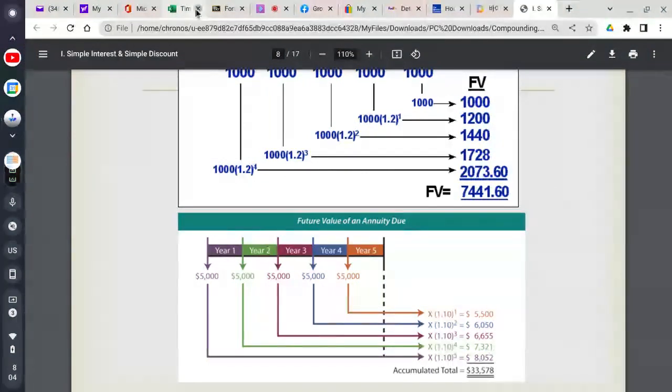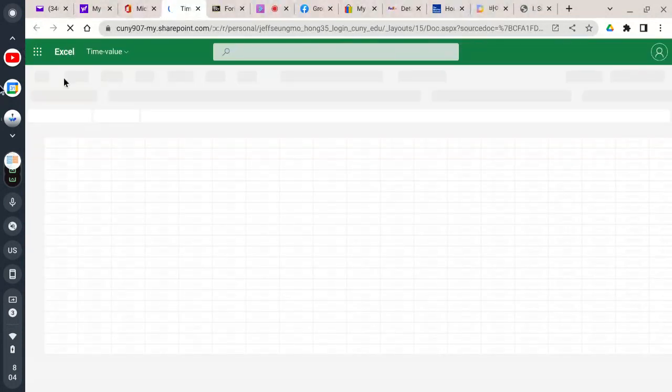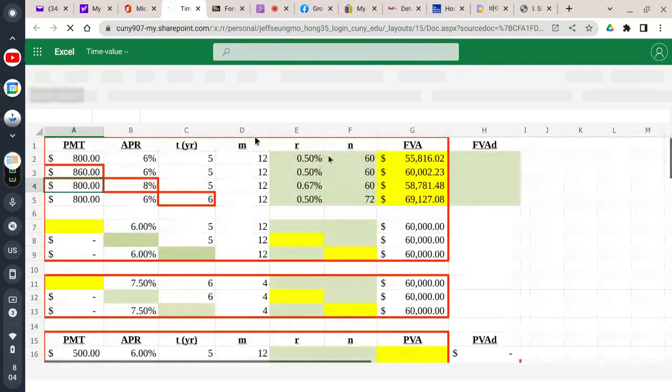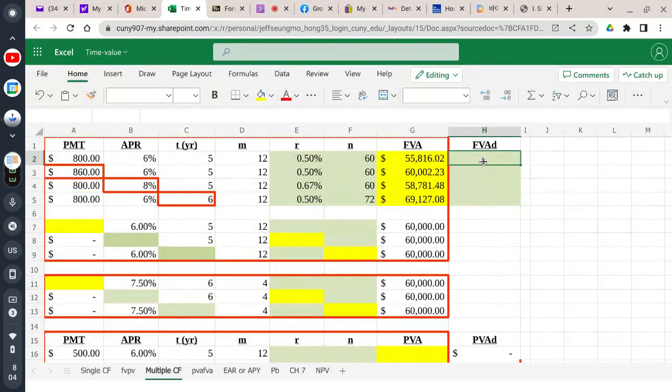Then mathematically, oh, no, no, no. What did I do? I accidentally closed it, but okay, I'll open it here again. So how do we find the annuity due?